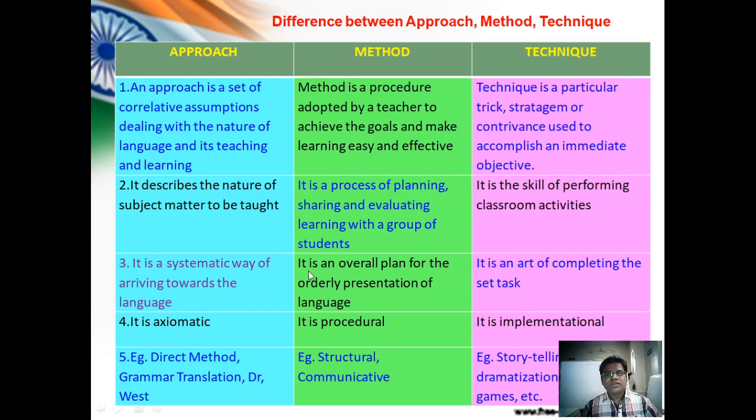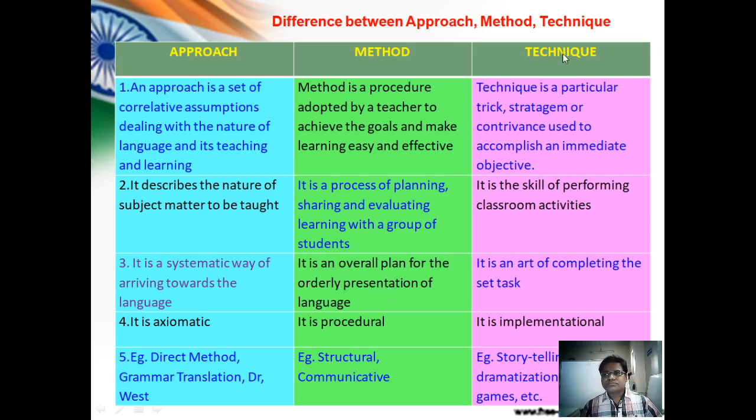Whereas method is an overall plan for the orderly presentation of language. I have to present the language, yes, but in what way? According to the plan, and according to the plan I need particular content for the presentation purpose only.